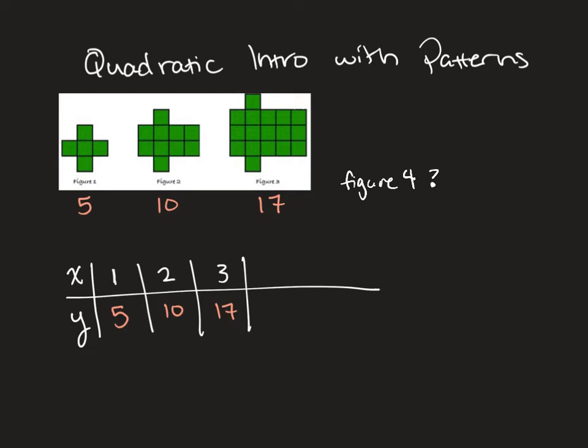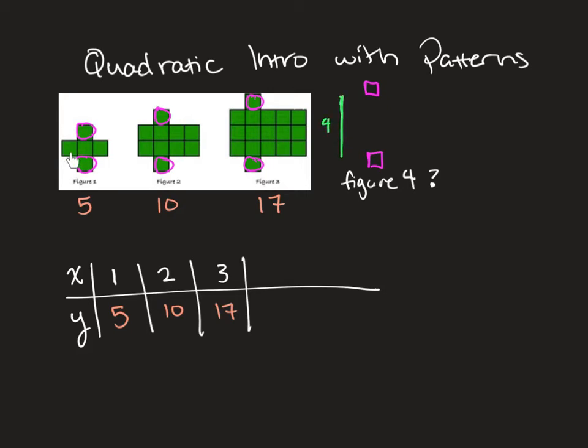There are many different ways of seeing it, and some people saw it in different ways. I am just going to share the way that I tend to see it. I saw that there were always 2 pink ones sitting on the outside, so I'm just going to add those here. Then I noticed that this rectangle in the center was first 1 by 3, then 2 by 4, then 3 by 5. So since it was 1, 2, 3, this next side right here would be 4.